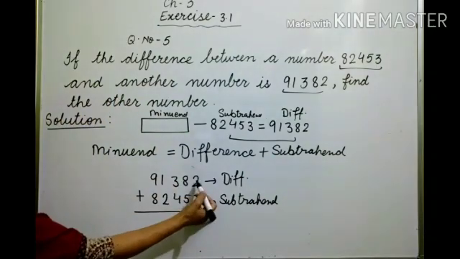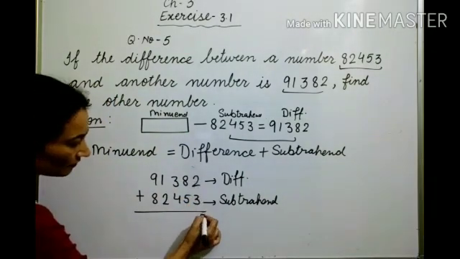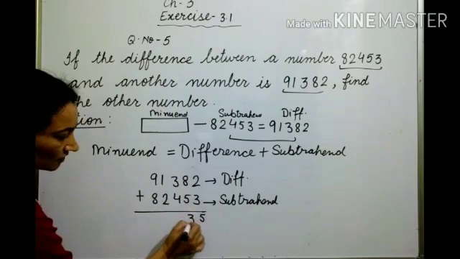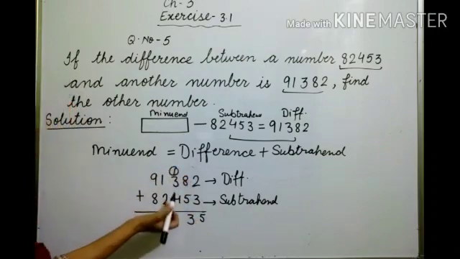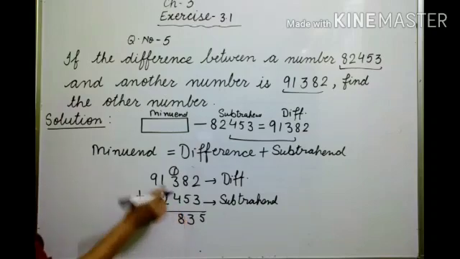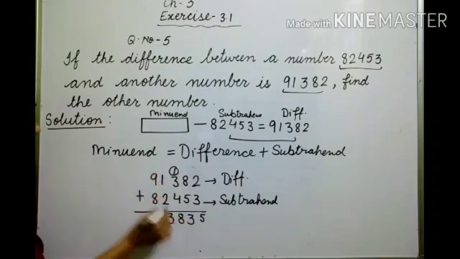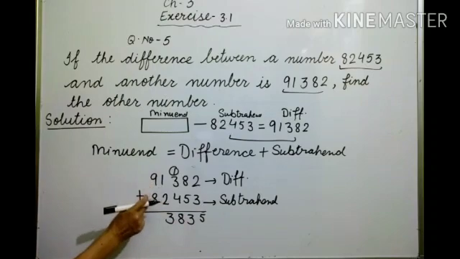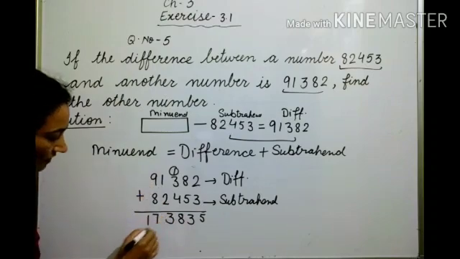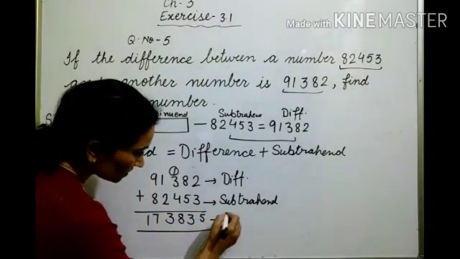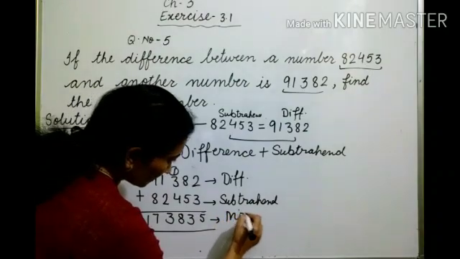minuend. First we will add 2 plus 3 is 5, 8 plus 5 is 13, 1 will go carry next place, 1 plus 3, 4, 4 plus 4 is 8, 1 plus 2 is 3, and next place 9 plus 8 is 17, which is our minuend.